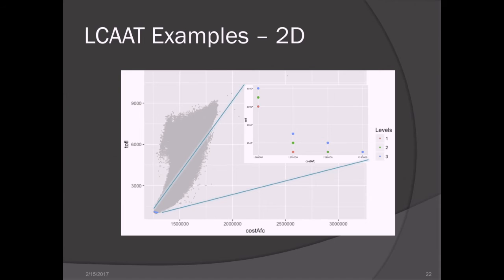You can do it again and end up with level 3. I did this as an example of showing 3 different levels of Pareto points. This is the takeoff field length versus the cost. We're trying to minimize both the takeoff field length and the cost. I've blown up the little section in the lower left-hand corner so that you can see what the different levels of Pareto points look like there.